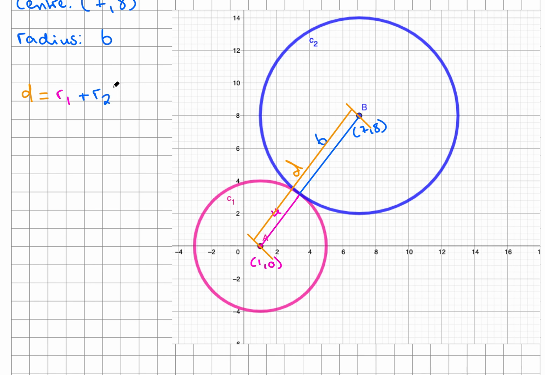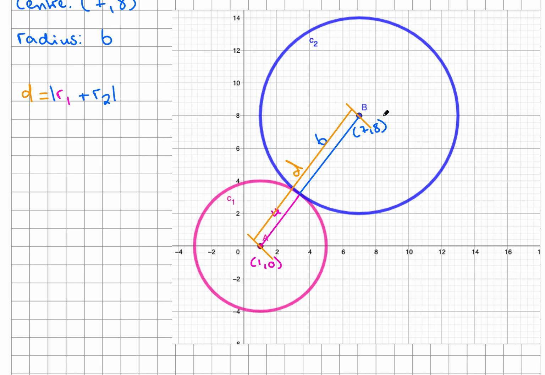So if I find the distance between those two centres, it should equal, if they are touching externally, exactly the sum of the two radii. Let's take a look at that.